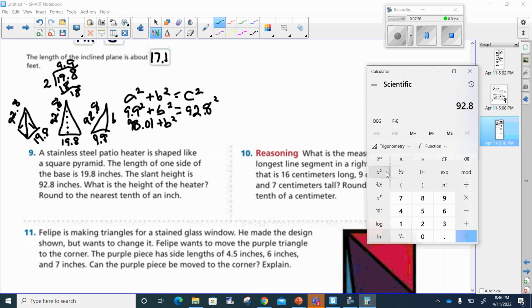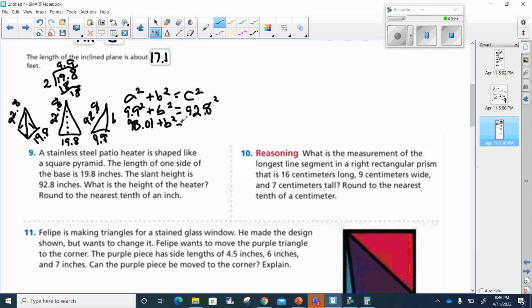92.8 squared, wow, that's 8,611.84. Make sure I got that right.